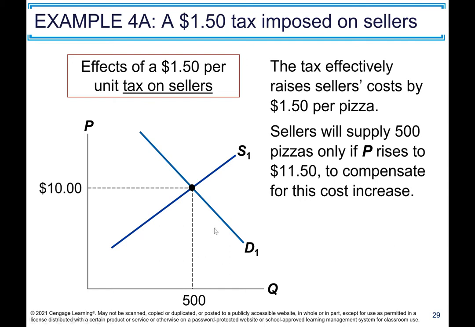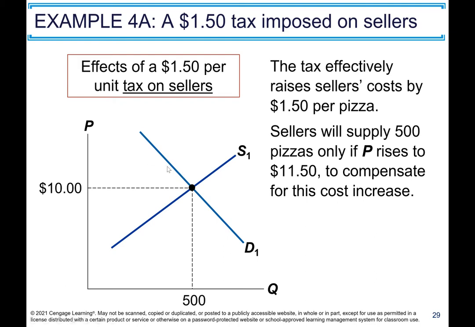We're starting out with the market in equilibrium. We have just seen an example of a $1.50 tax imposed on buyers. And we saw that the demand curve shifts down, the market shrinks, and the tax is shared between the buyer and the seller.